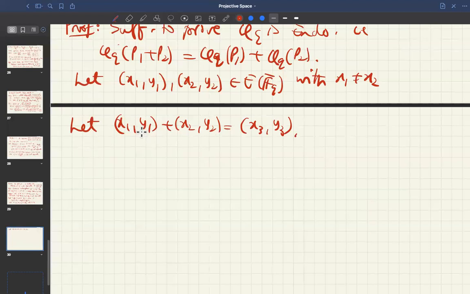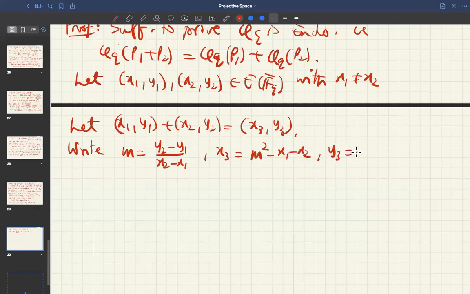Write m as the slope joining the points, which is (y2 minus y1) over (x2 minus x1). Then x3 is m squared minus x1 minus x2, and y3 is m times (x1 minus x3) minus y1. We have seen this before from the addition properties.